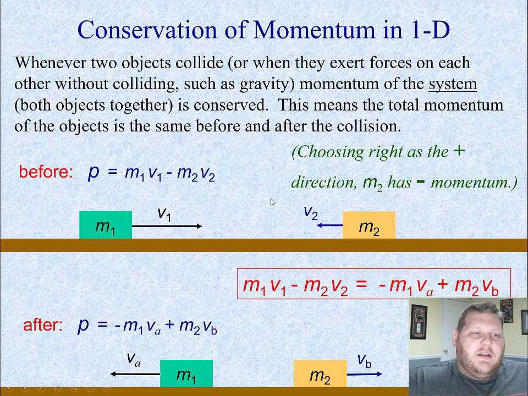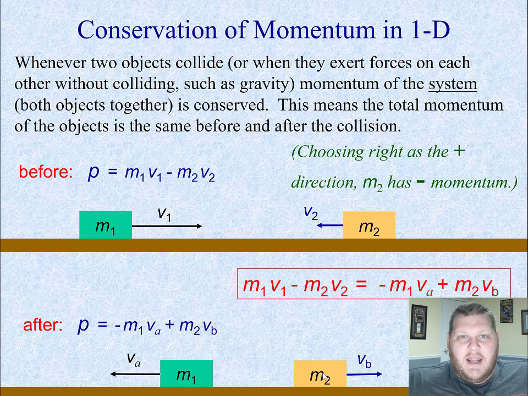After they interact with each other, we've got that same mass 1 and that same mass 2. Those are not going to change because they're just colliding and then going in opposite directions. We are going to have new velocities. They don't necessarily exchange velocities; they could be totally different, and in most cases they are. So we'll call this v sub a for velocity a, and v sub b for velocity b for the individual objects afterwards.